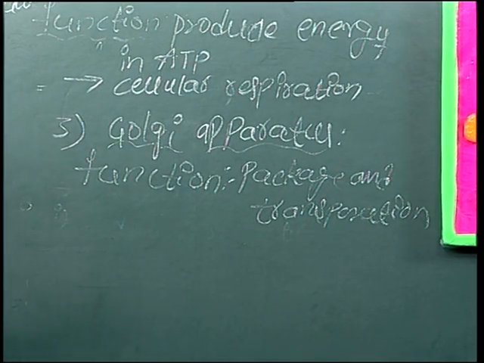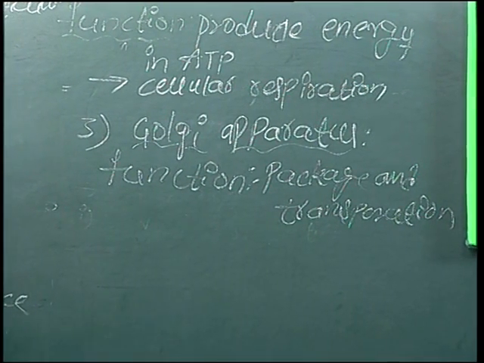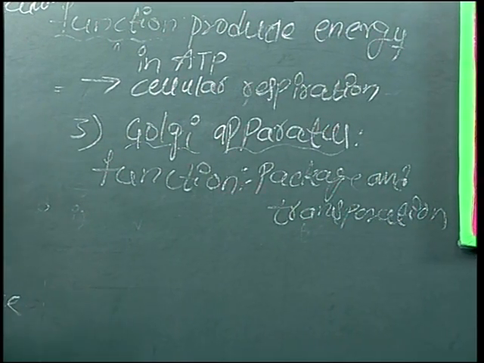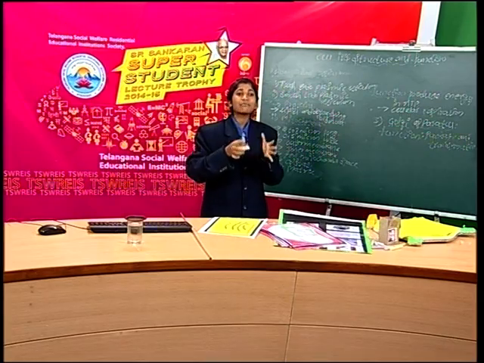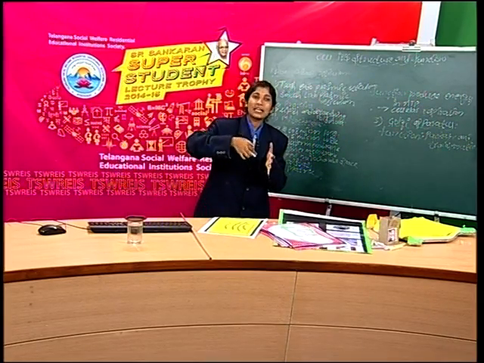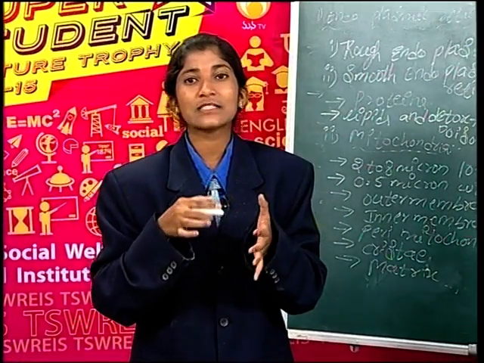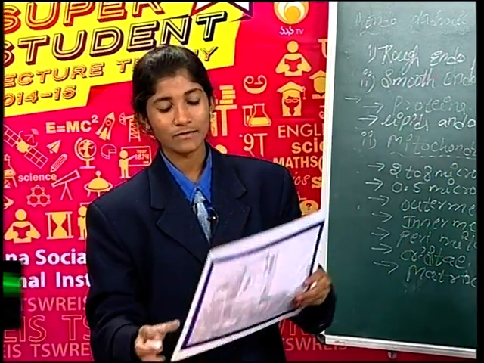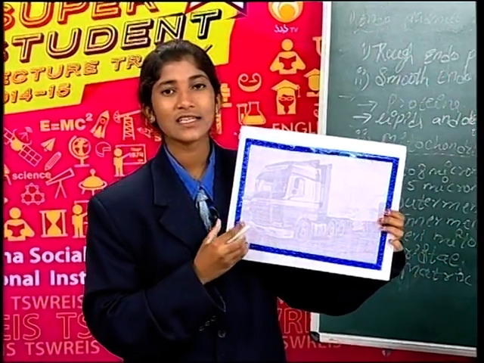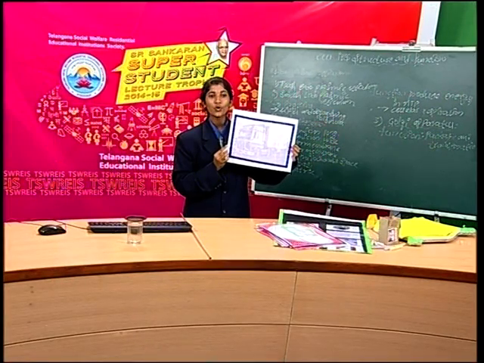These Golgi operators pack the proteins and lipids which were prepared by the endoplasmic reticulum. They pack these items with a single membrane and transport these materials. Like this, you look here, what is this? It is a goods carrier.